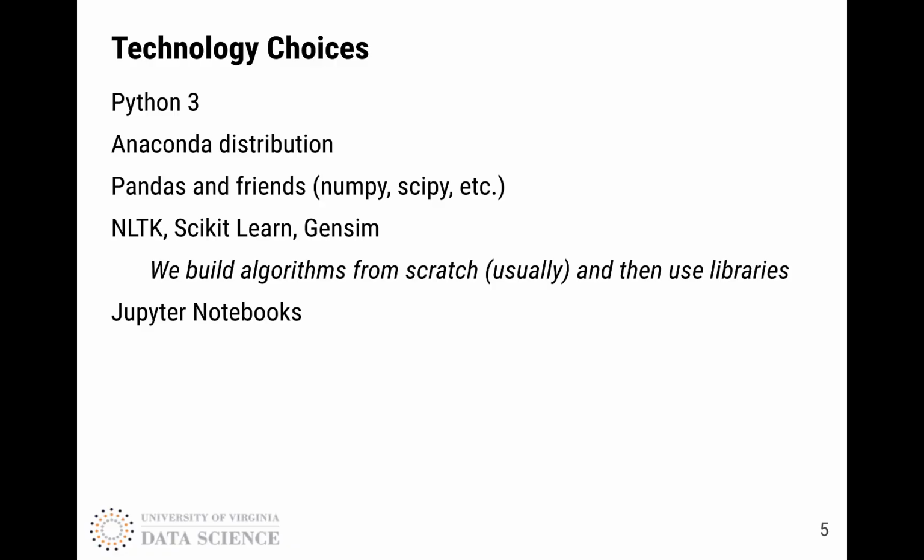We're going to look at the motivations and the math behind a lot of these approaches, and then we're going to build our own algorithms from scratch to try to make sense of those higher level representations in order to understand them, so that you can understand what's really going on in terms of what parameters mean, what hyperparameters ought to be set, and so forth. And then we'll use libraries to make things more efficient. And in your final projects, you'll probably be using higher level libraries.